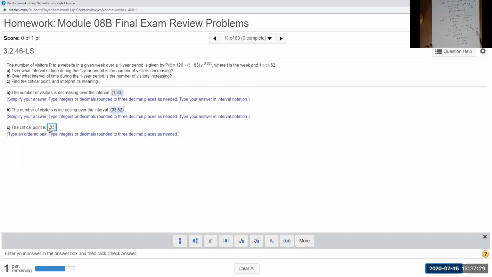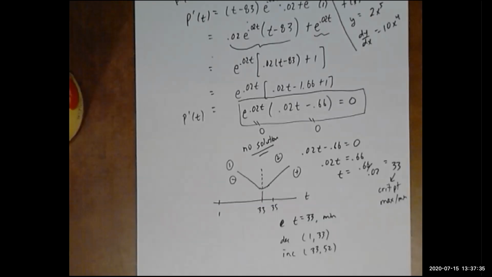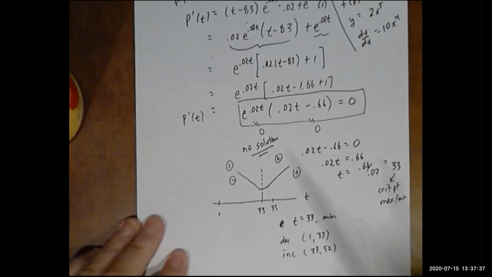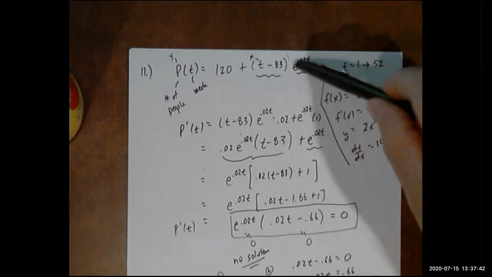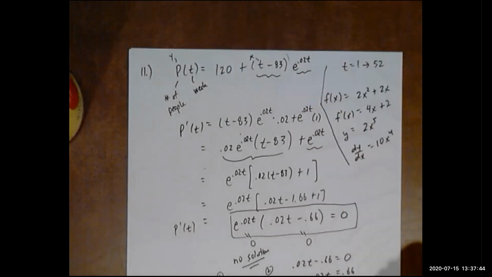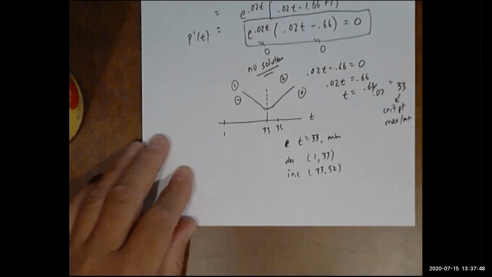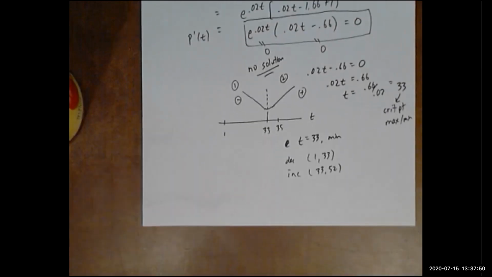So I've got to go back. I guess I can show you. I've got to plug in t equals 33 into my original equation. Looks sort of messy. That's what I have to do.